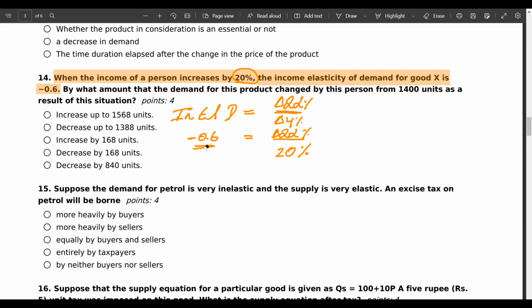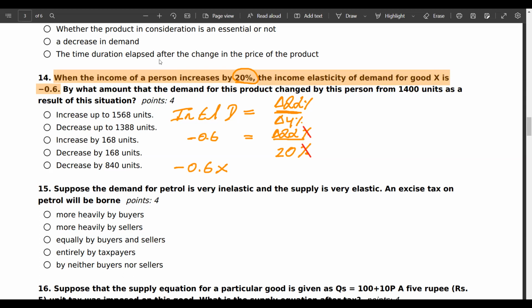That is for sure. So what do you now have to do? Simply make this percentage change in quantity demanded the subject. So you'll have minus 0.6 into 20%, right? But since we have percentage in the numerator and the denominator, we can just cut them both off.